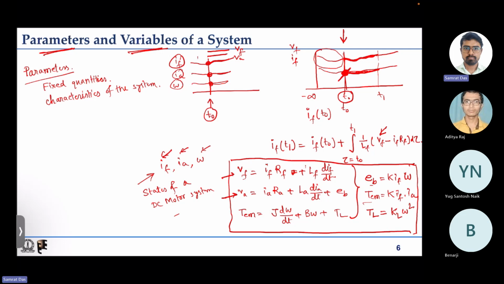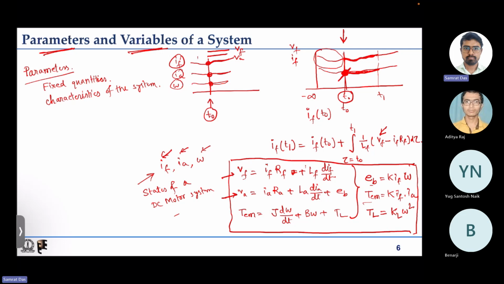Okay, so parameters are fixed quantities whose values do not change significantly during the operation of the system, and parameters are the ones that describe the characteristics of the system. So what do you mean by characteristics? You can just consider that time constant is one of the describing factors, one of the characteristics of the system.